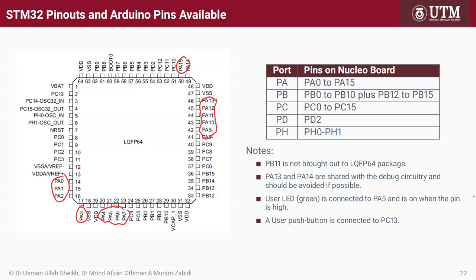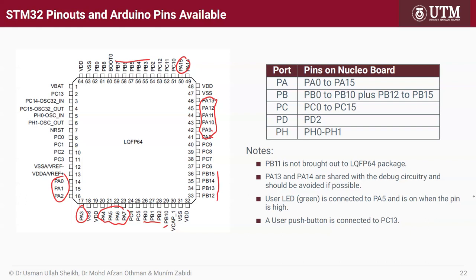Port B, we have PB0 to 10 only. Here are PB10 and then PB12 to 15. This is one group, and then it's here. PB is not contiguous. 0, 1, 2 down here, 3, 4, 5, 6, 7 on top there. I think I'm missing 8 and 9.